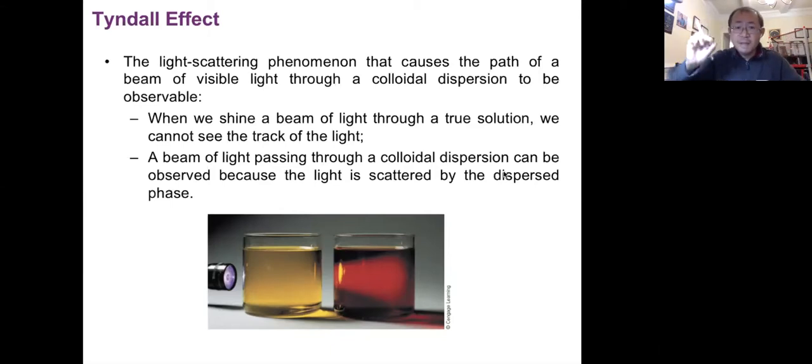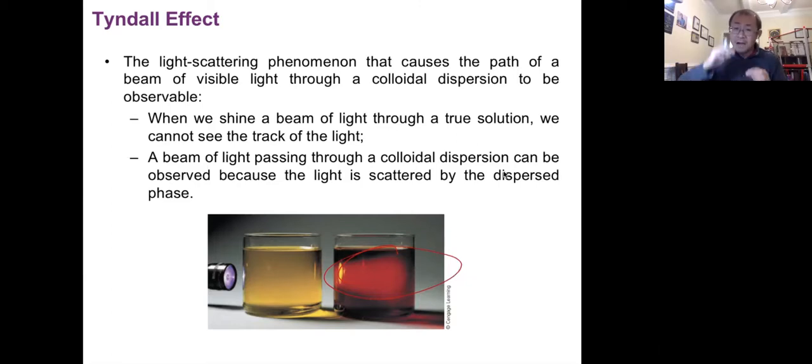If you see the light have a path, like this, then that's a colloid. If you don't, if the light is all scattered away like this, then that's a solution. And that experiment is called the Tyndall effect. The Tyndall effect is unique to colloids.